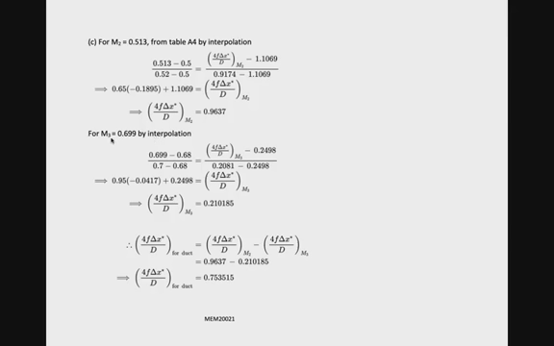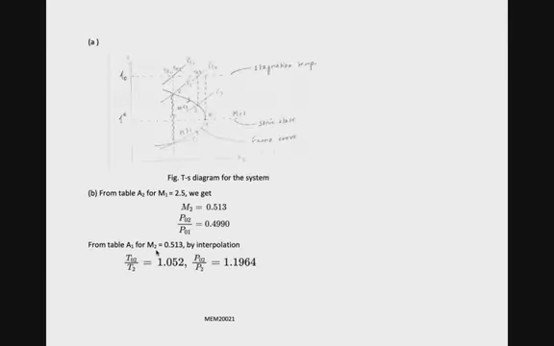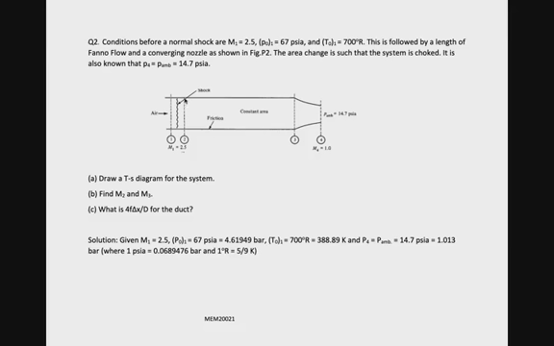Now for M3 equal to 0.699, by interpolation we get 0.210815. Since 4f del x star by d for M2 is greater than 4f del x star by d for M3, that means the flow for M2 will cross M3.